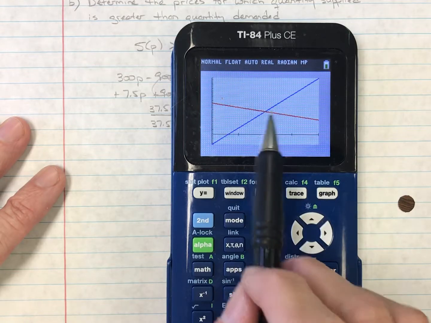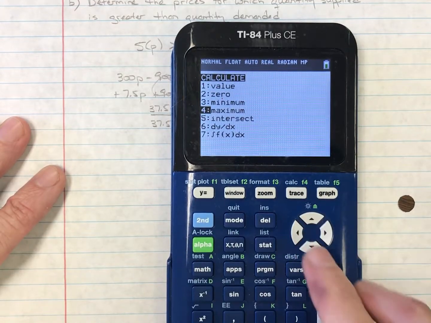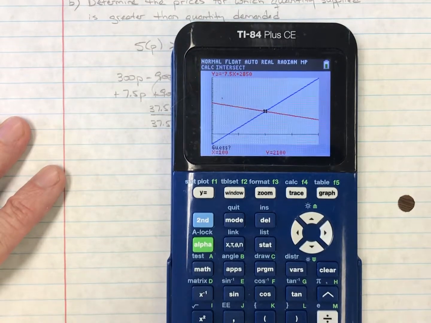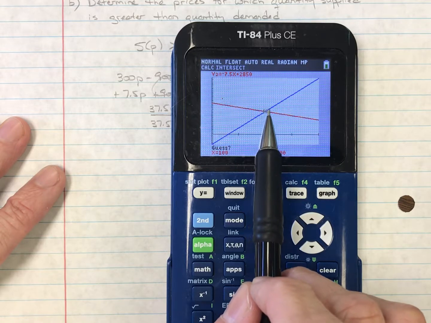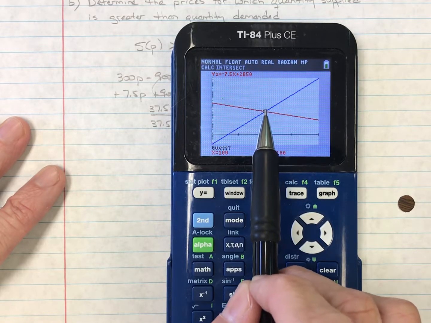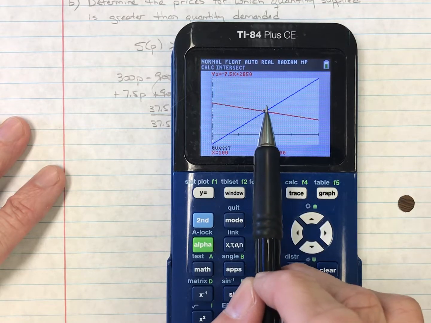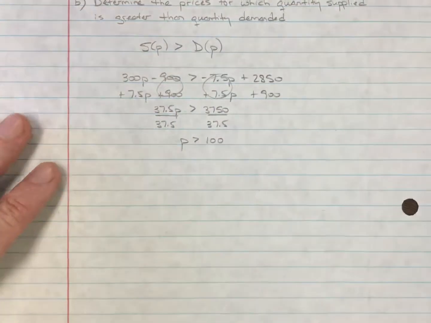We already know that point is at 100 because we found that. Second calc, intersect. Okay, we took a guess. We came up with 100. So when the price is greater than $100 per cell phone, the quantity supplied is going to be greater than the quantity demanded.